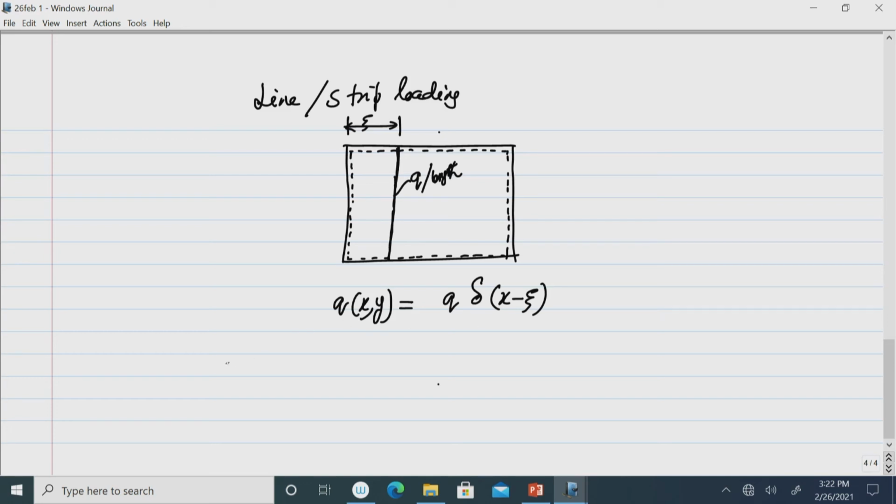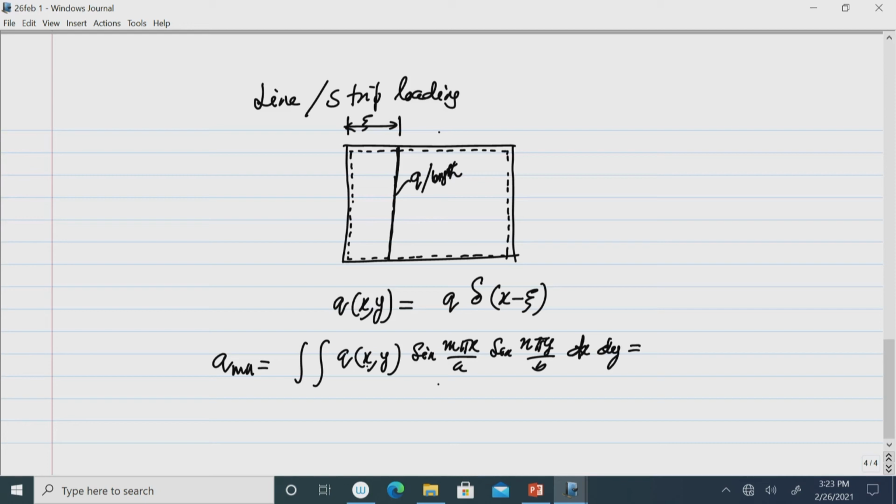So, with the help of this representation, now we can obtain QMN as the integral of this, sin m pi x by a sin n pi y by b, and then it has to be multiplied by dx dy.